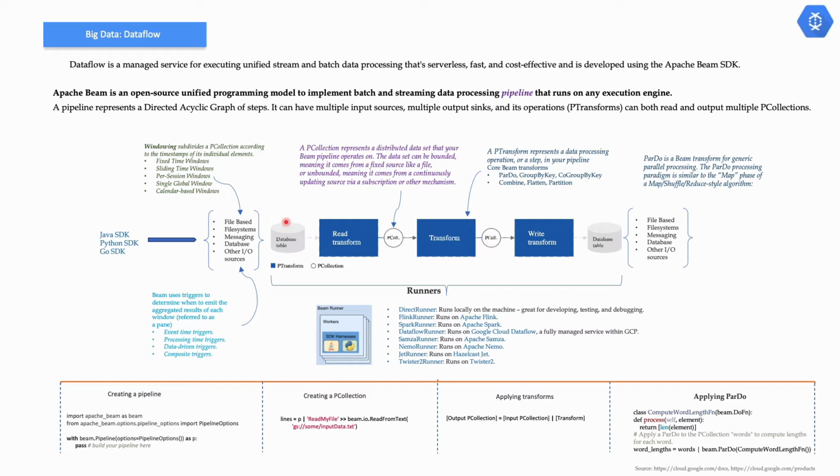So the triggers, which are the bottom ones here, are classified as when to emit the aggregated result of each window. Now, what is a window? Windowing is basically what portion of data till when, because it's a unified data processing framework.